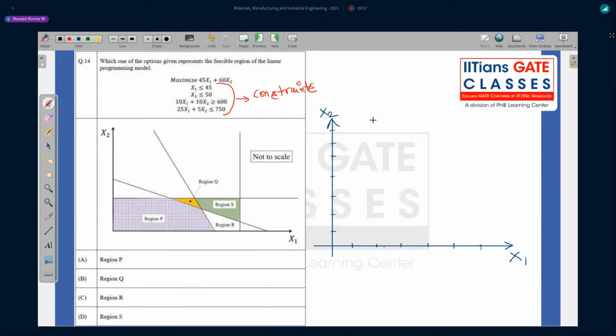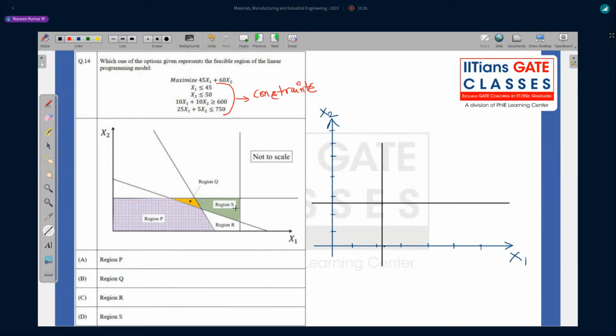So maybe something like this. Okay, this is 45, right? And x2 is 50. So this is 20, 40, and this is 50.